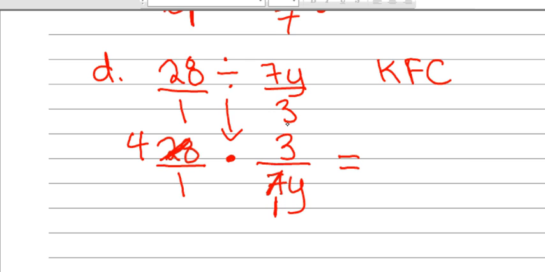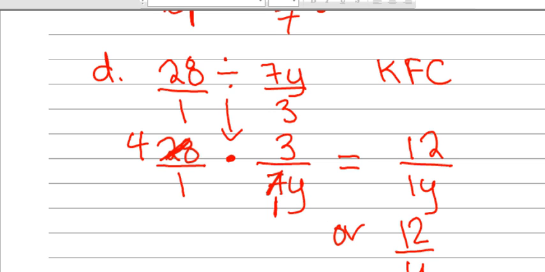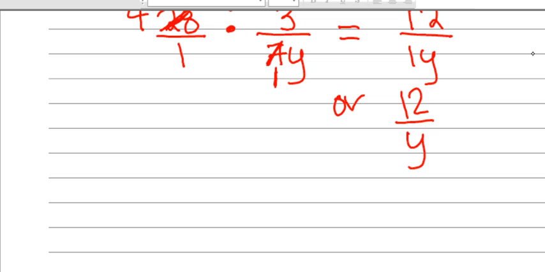I don't think I can do anything else, so I'm going to just multiply straight across and get 12 over 1y, or 12 over y. So that's number 1.